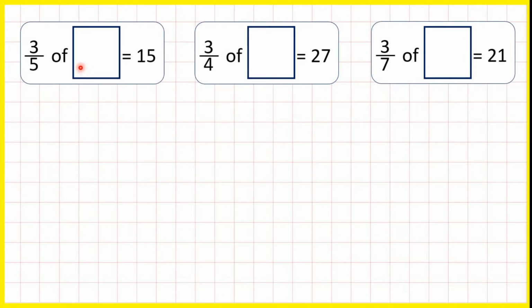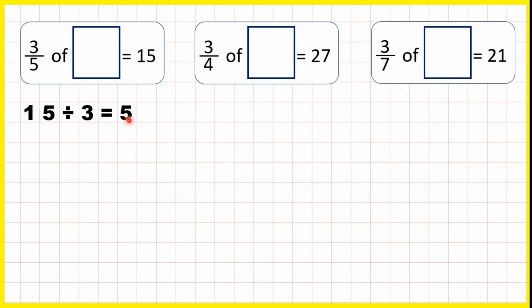So we know that normally to find a fraction of a number, we divide by the denominator, then multiply by the numerator. But here we've got missing number problems, so we need to do it the other way round. So our first question, 3/5 of what is 15? We can start by dividing by the numerator, so dividing 15 by 3.